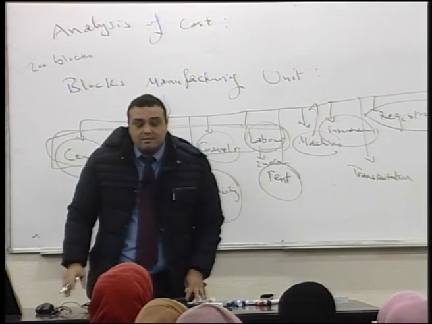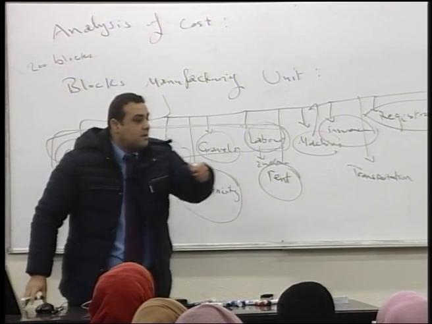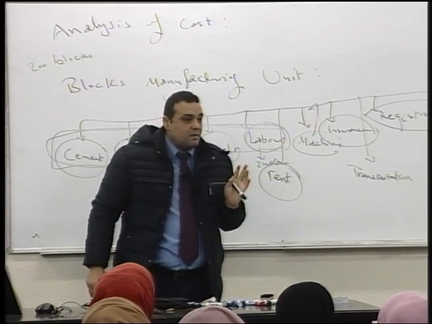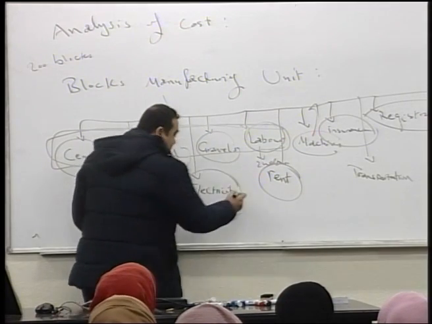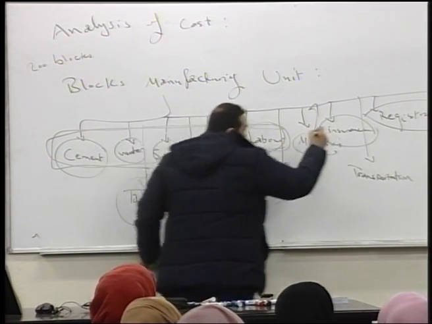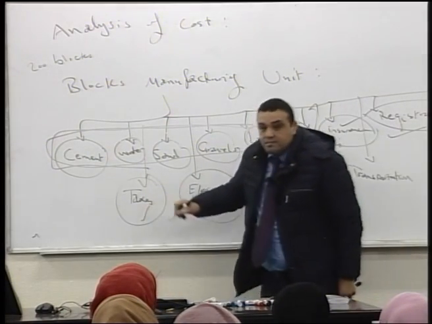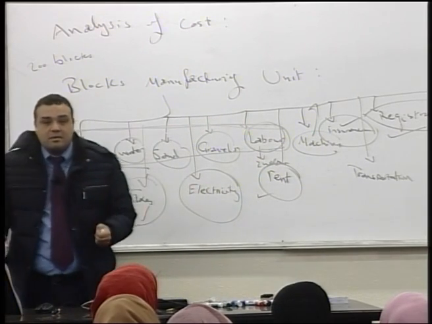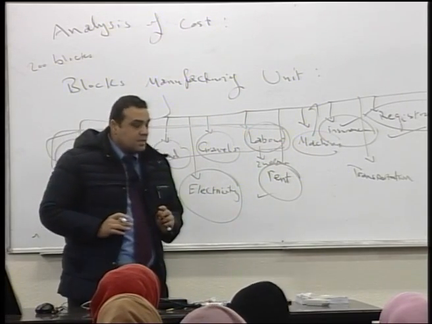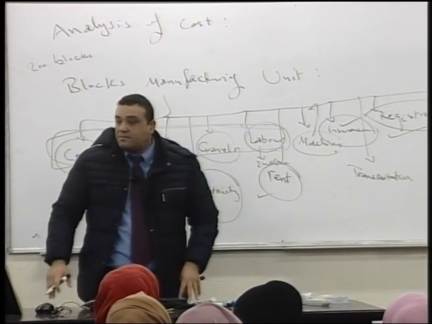If someone rents land, whether he works today or not, he has to pay the rent. So this is called fixed cost. So rent, insurance, registration, taxes should be paid whether you work or not, so it is classified as a fixed cost.